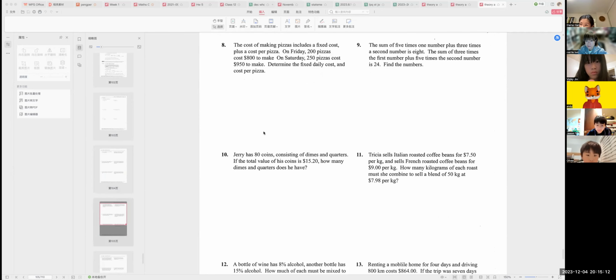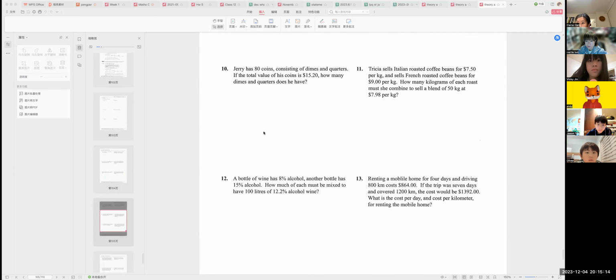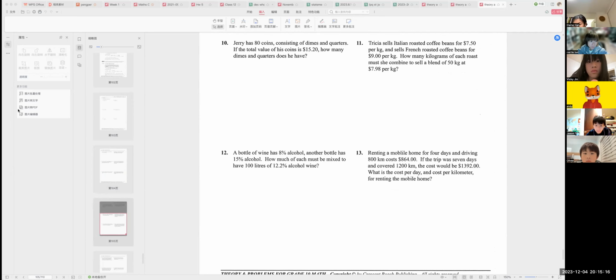Okay, so now let's take a look at the harder ones. Especially for the alcohol one, I think we need some time to understand it better.